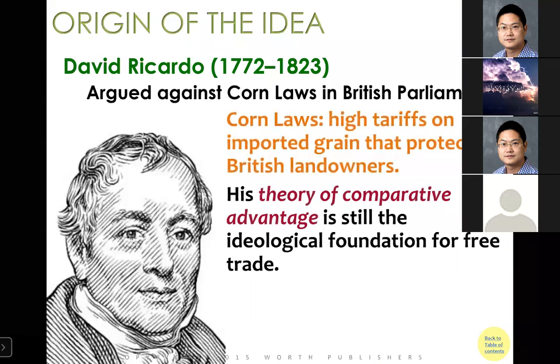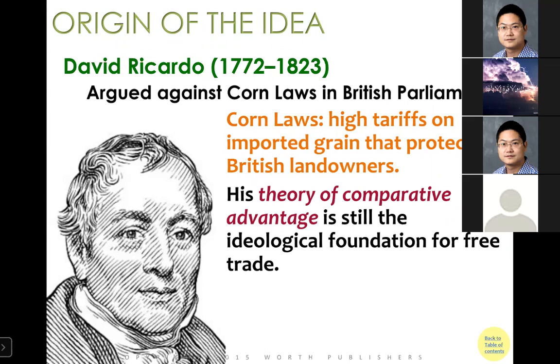Just to give you a background or history, David Ricardo is the person who discovered the idea of comparative advantage. The background of the discovery was almost 200 years ago. In the English Parliament, they were debating about the corn law. The corn law proposed to impose a high tariff on imported grains.